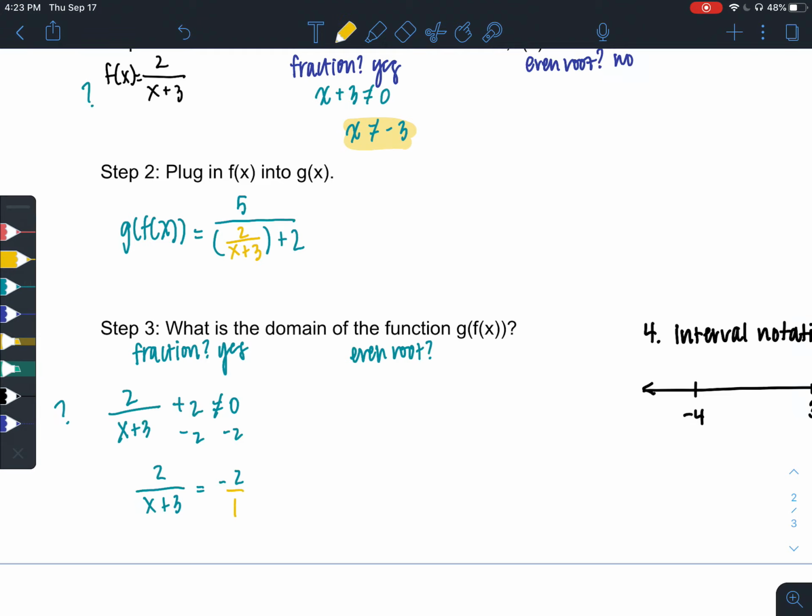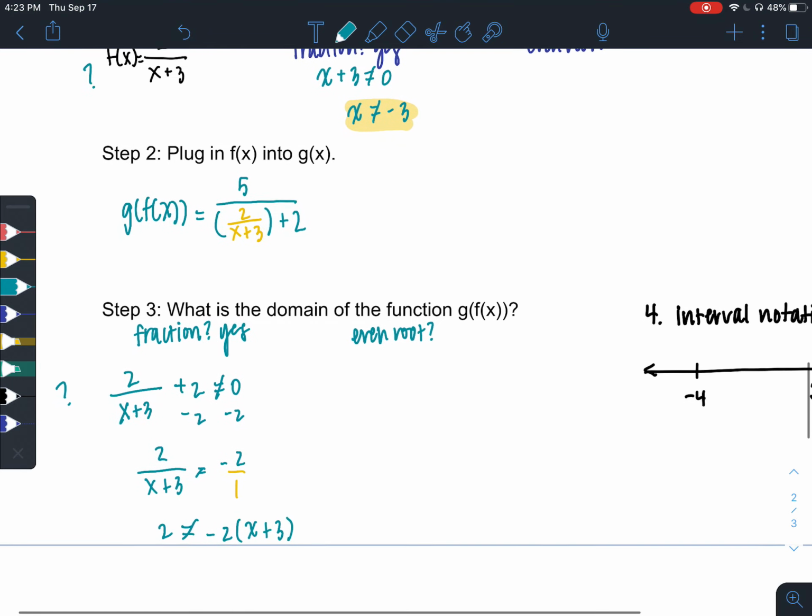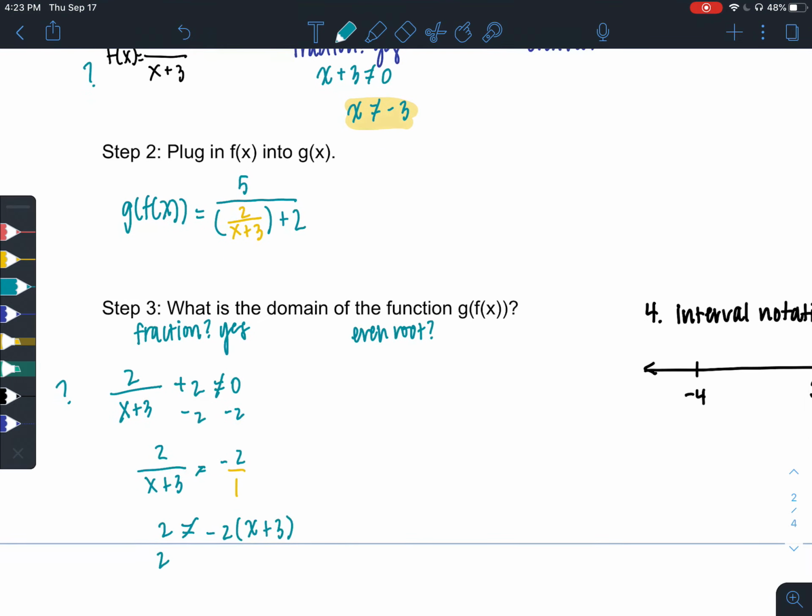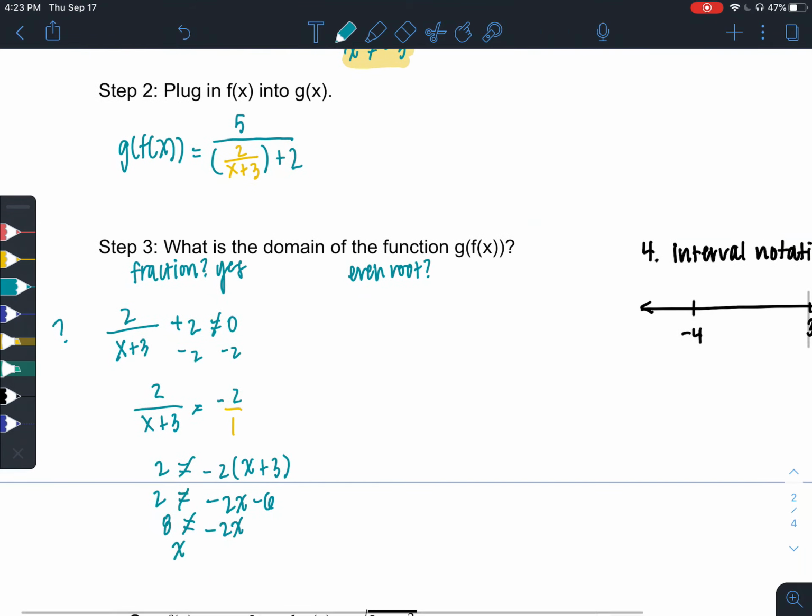Put that over 1 and cross multiply. So 2 is not equal to negative 2 times x plus 3. 2 is not equal to negative 2x minus 6. 8 is not equal to negative 2x, so then x does not equal negative 4 for that second part there.